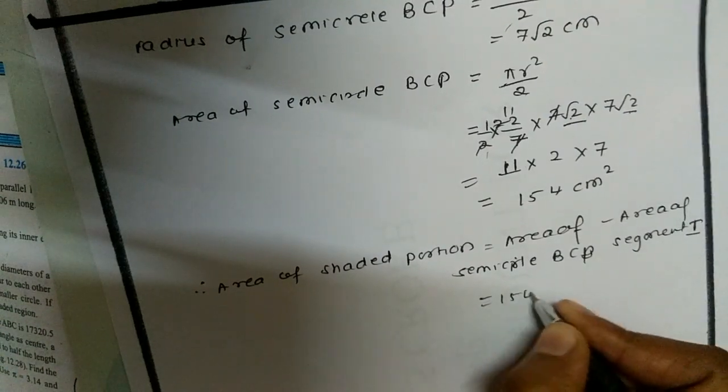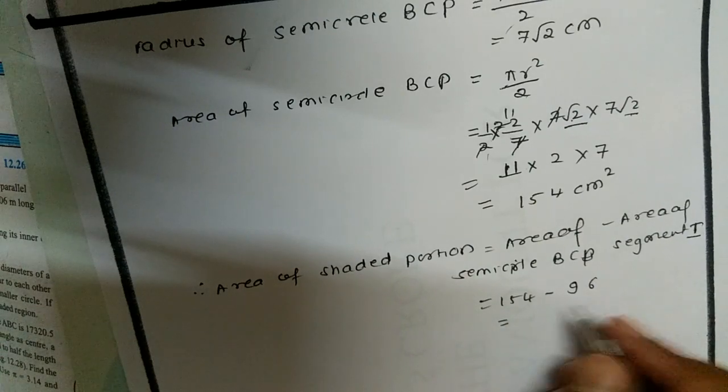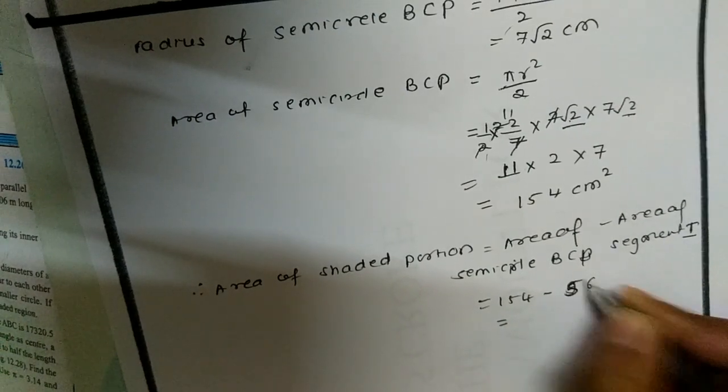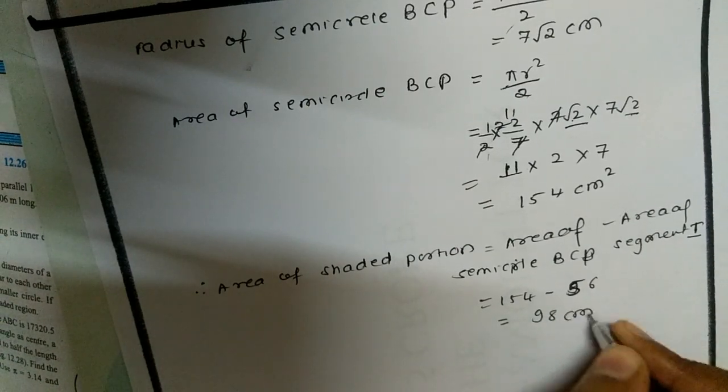So 154 minus the segment 1 area, which is 56. So 154 minus 56 will get 98 centimeter square.